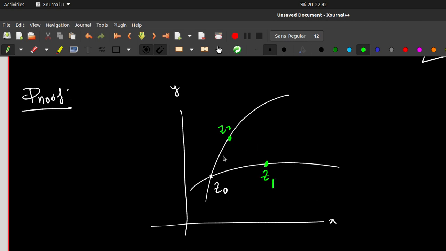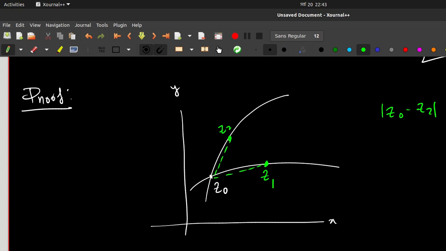The condition we are assuming for simplicity of the proof is that the distance of these two points from z naught is equal. You can also do it with distances r1 and r2, but for simplicity we assume that the modulus of z0 minus z2 equals the modulus of z0 minus z1, denoted as r.